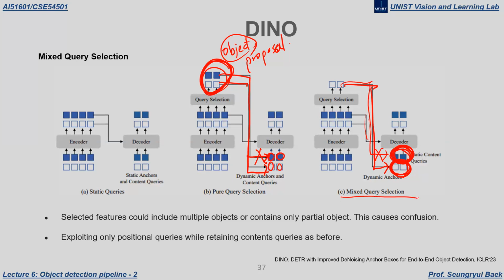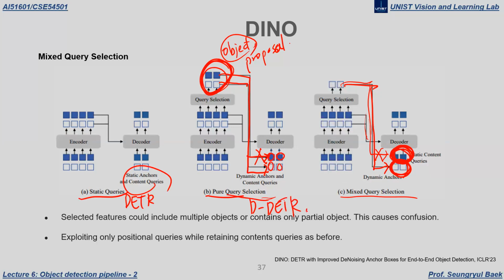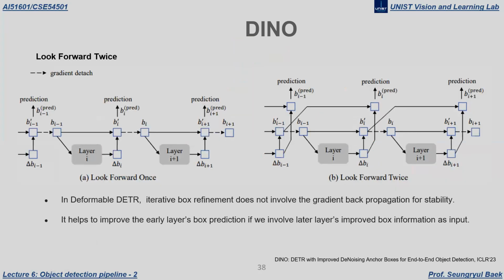This is called mixed query selection. And this is a pure query selection, which was used by deformable DETR. And this is the static query used by DETR. By improving the query selection, the performance was also slightly improved.